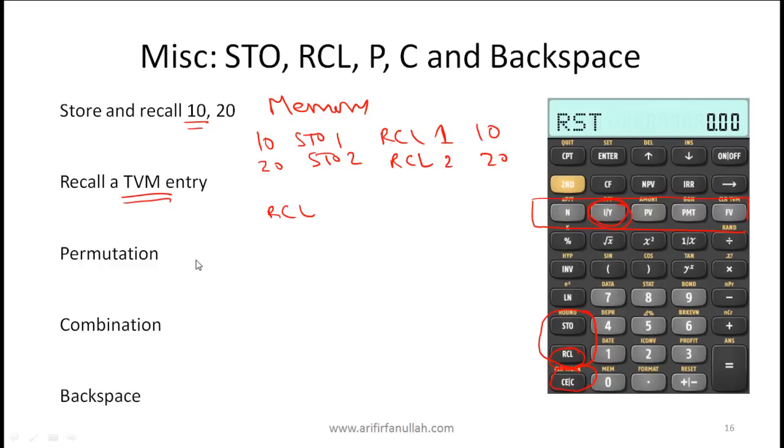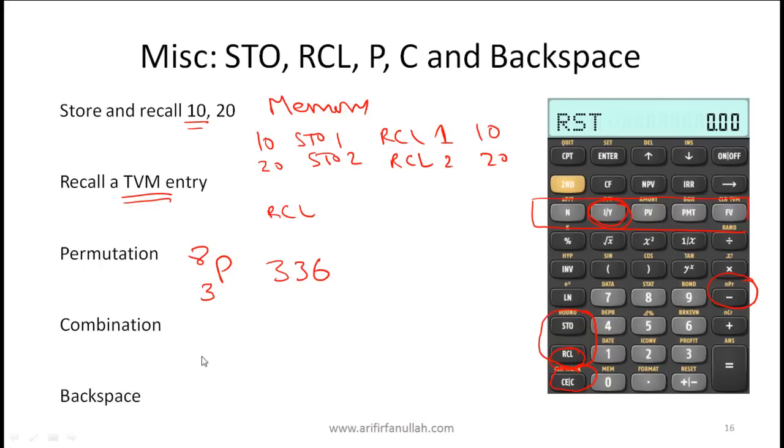Permutations and combinations. So let's say you want to calculate 8P3 on the calculator. The way you do this is you type in 8 and then second NPR and then 3, and this will give you an answer of 336.